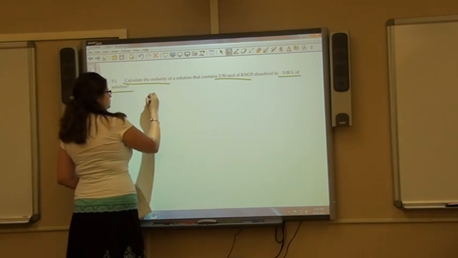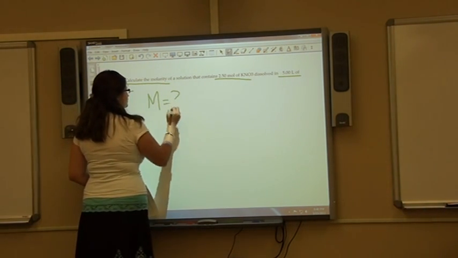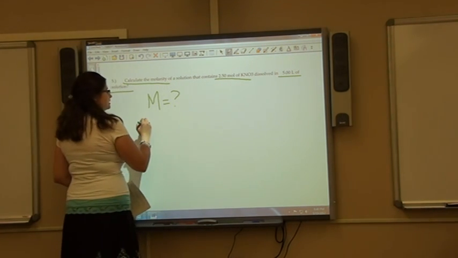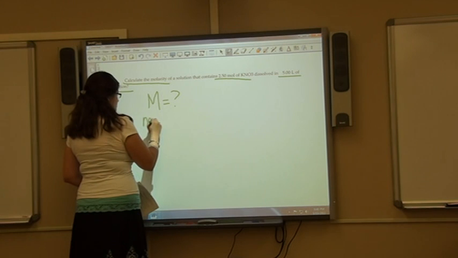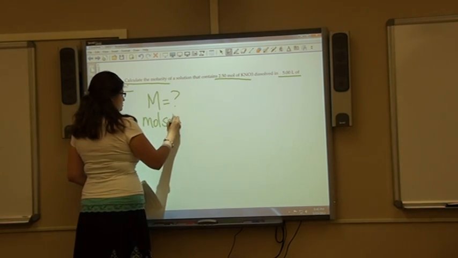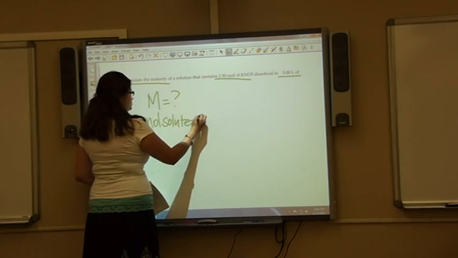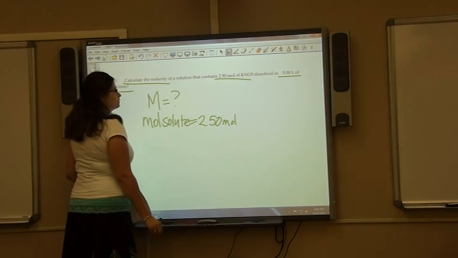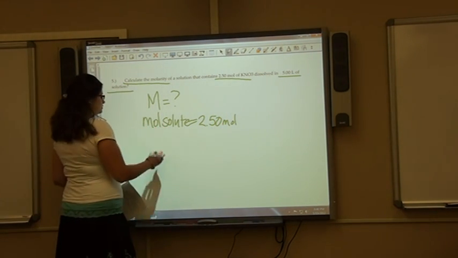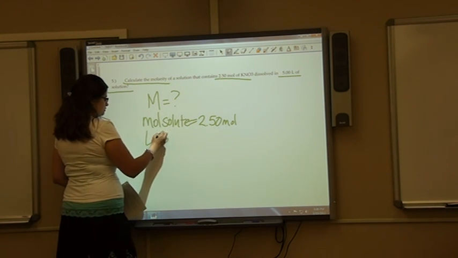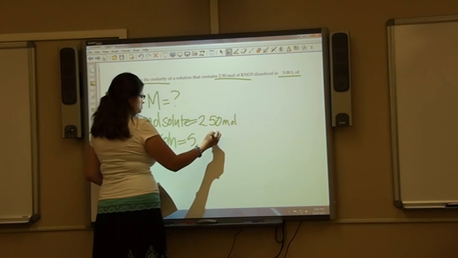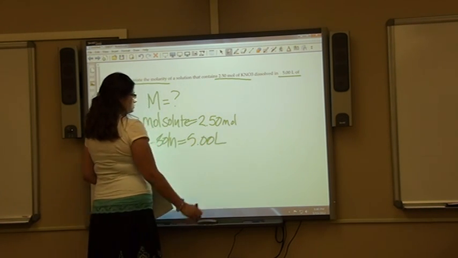Calculate the molarity. That means M equals question mark. 2.5 moles. Mole solute equals 2.50 moles. And dissolved in 5 liters, liter solution equals 5.00 liters.